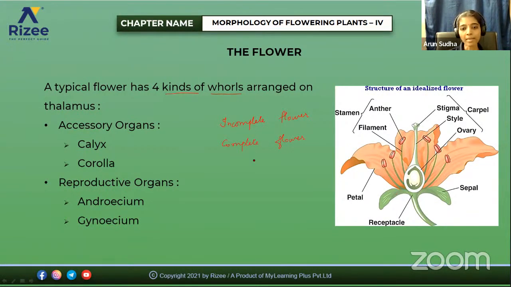So a complete flower is the one which has all the 4 whorls. An incomplete flower is the one in which any one of the whorls is absent. For example, if you take the unisexual flower, it will have either the androecium or the gynoecium. Then that is an example of an incomplete flower.